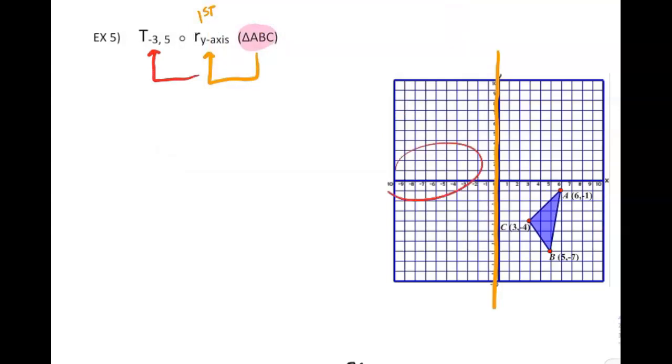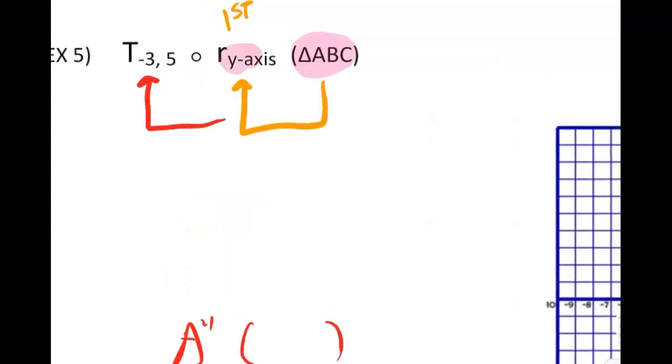So it'll end up probably over here somewhere. And then you write your coordinates. What are your final A, which is A double prime, B double prime, C double prime. And that in a nutshell is compositions. Just remember that you always do this first and this second when it's in the function notation.